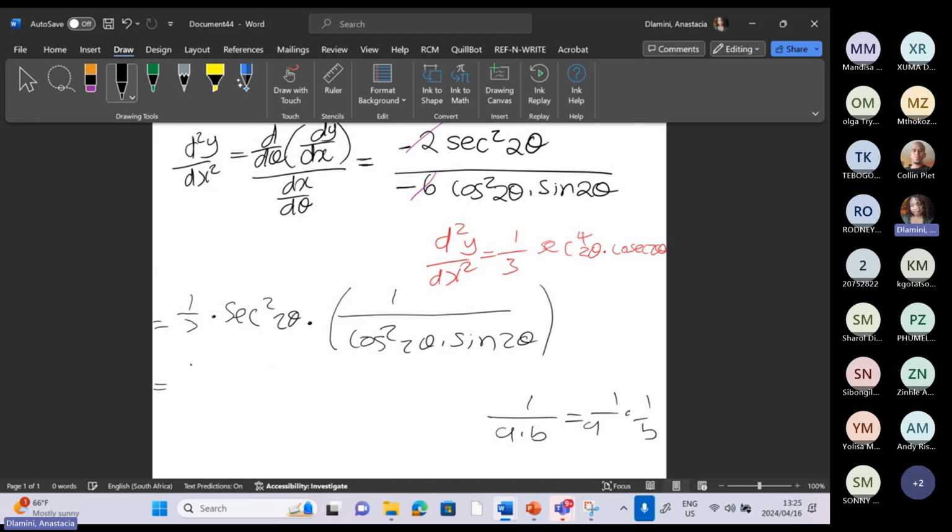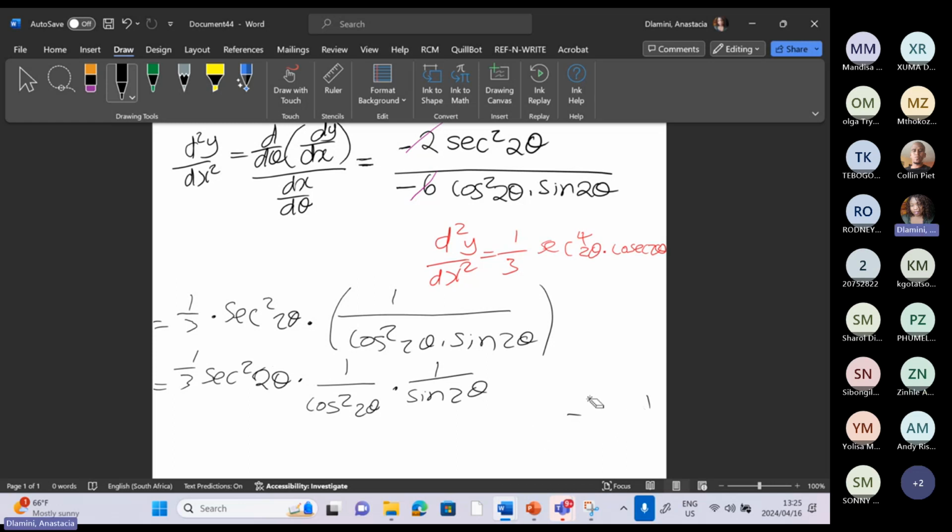This will be equal to 1/3 sec squared 2 theta times 1 over cos squared 2 theta times 1 over sine 2 theta. Are we together there, guys?